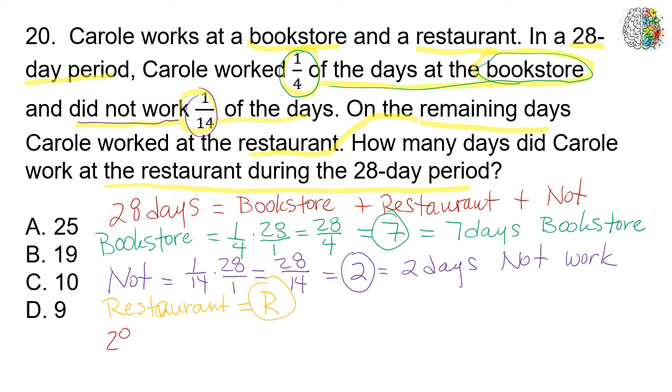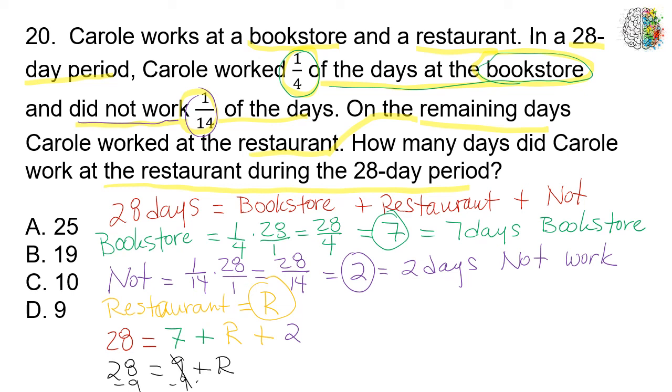So I'm going to take 28 total days, equals 7 days at the bookstore, plus my unknown number of days at the restaurant, plus the 2 days of not working. Now I'm going to add that up. That's going to give me 28 equals 9 plus R. Now I want to solve for R, so I'm going to subtract 9 from both sides.